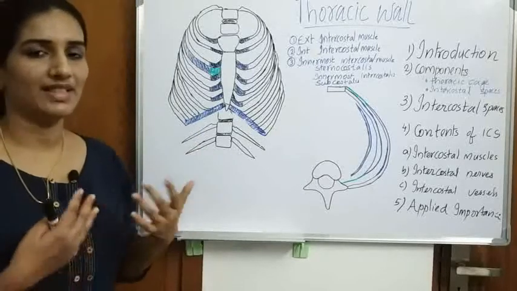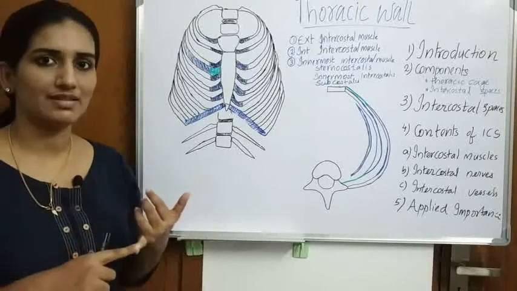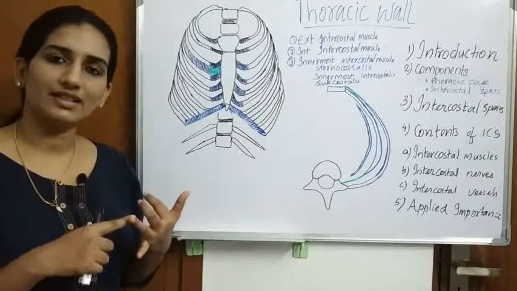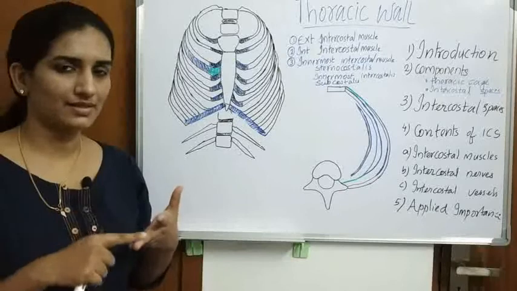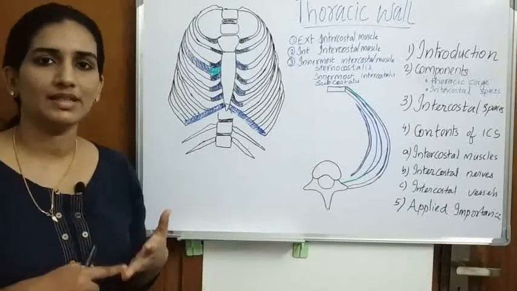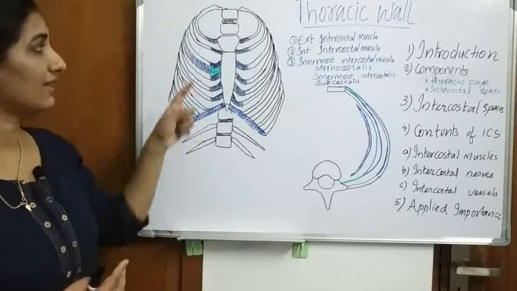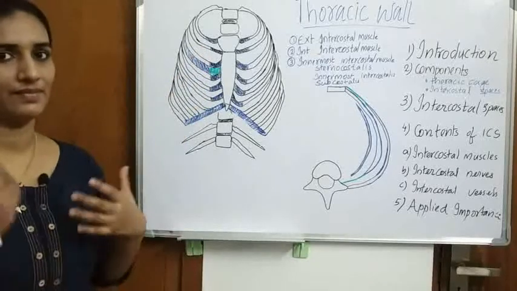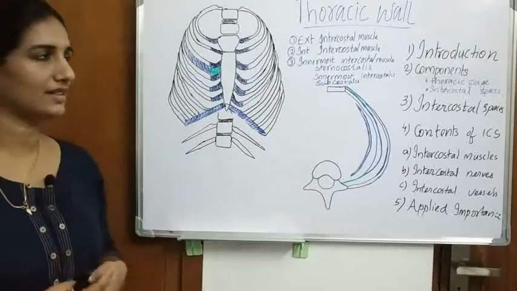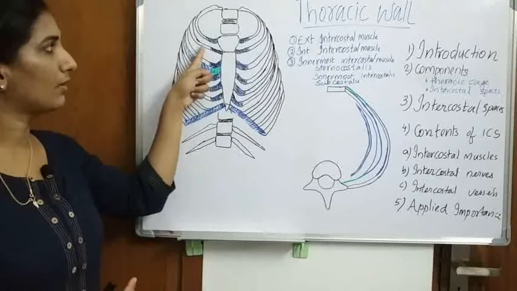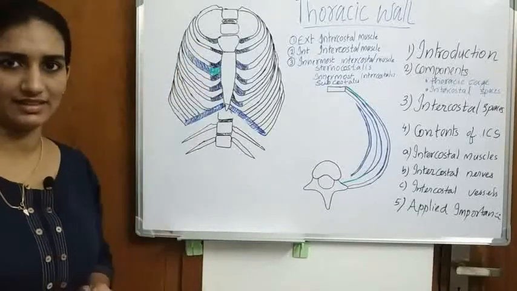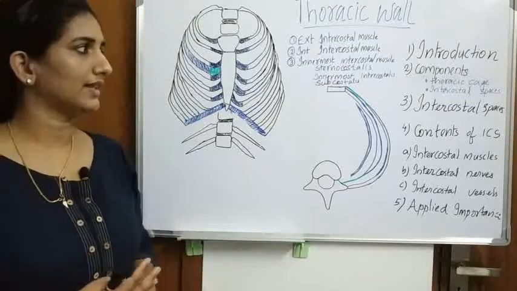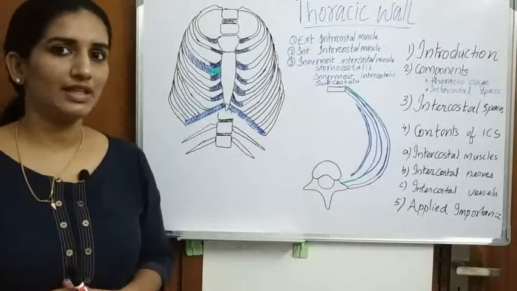Now we will see the other components: the muscles, then the nerves and blood vessels. All these three components are present in the intercostal spaces. These intercostal spaces are the spaces bound between adjacent ribs and their costal cartilages. So we will see the details of the intercostal space.